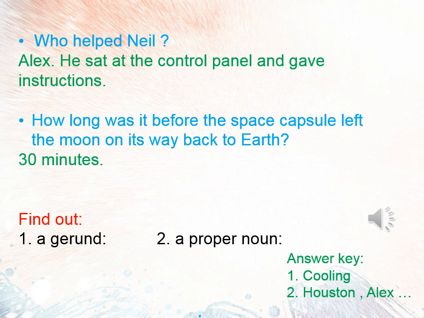Now, how long was it before the space capsule left the moon on its way back to Earth? How long? I want you to tell me how long was it before they left the moon. Duration of time. Good job. 30 minutes.